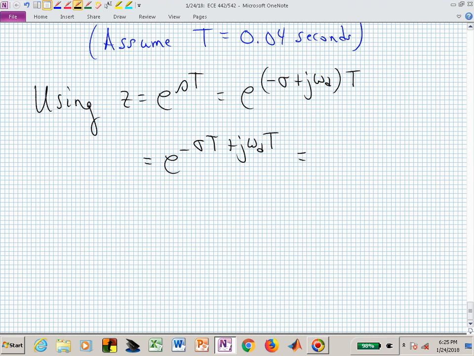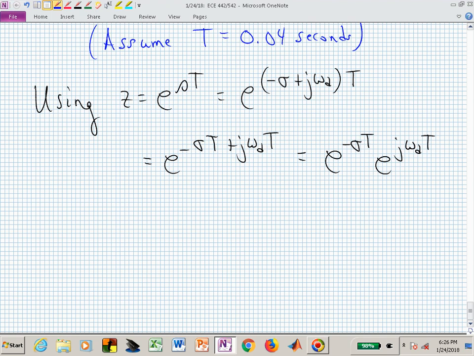But a sum in the exponent is the same as a product of exponential terms. So let's rewrite this as e to the minus sigma t, e to the j omega sub d t. Just playing with complex numbers and knowing what we know about exponents.